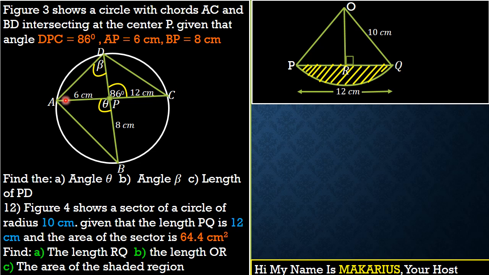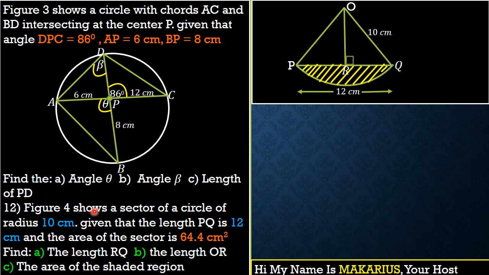Why? Because if it is the center, it means AP has to be a radius and BP also has to be a radius. But guys, two radii must have the same lengths. But from the look of things, AP is 6 centimeters and BP is 8 centimeters, so they cannot be radii.